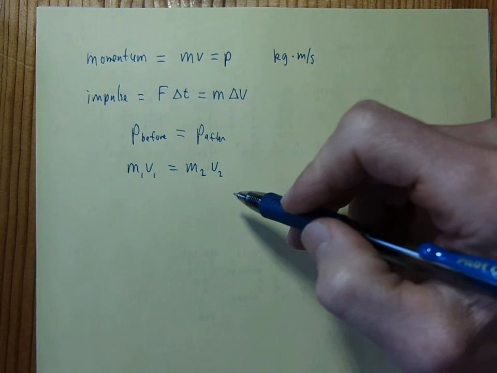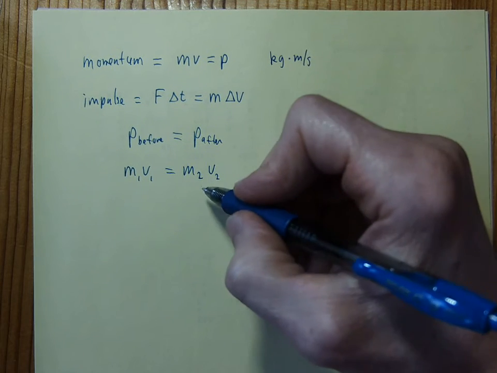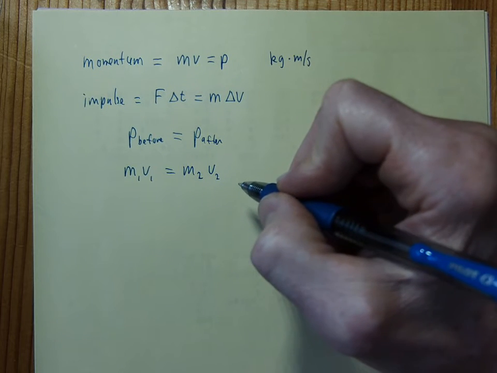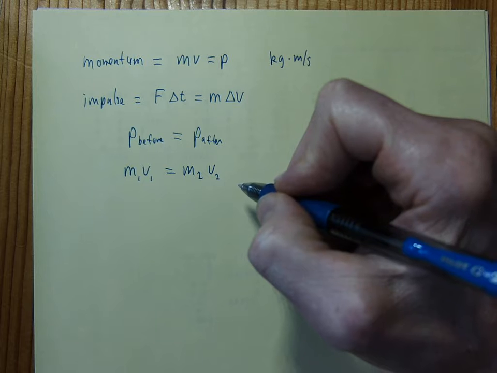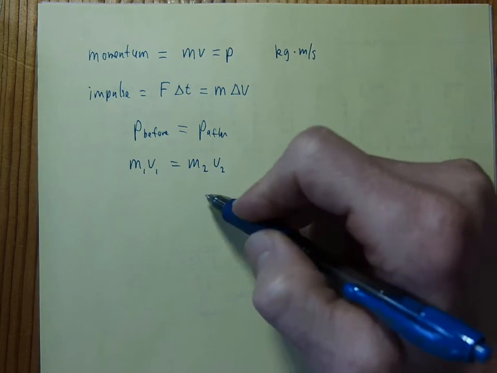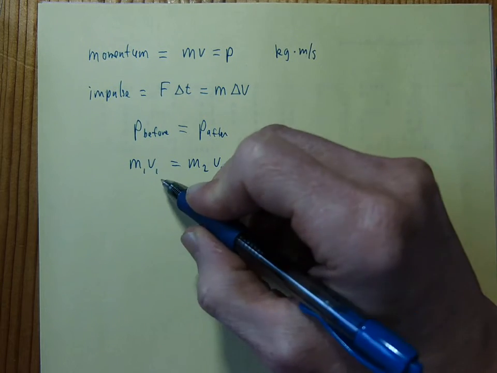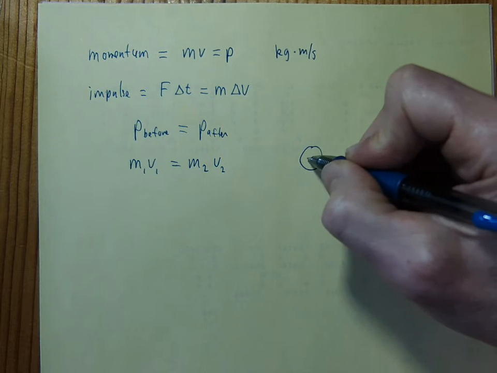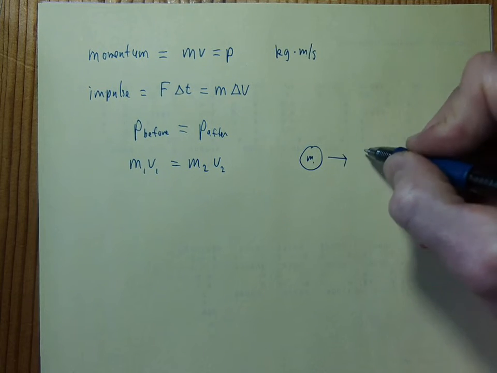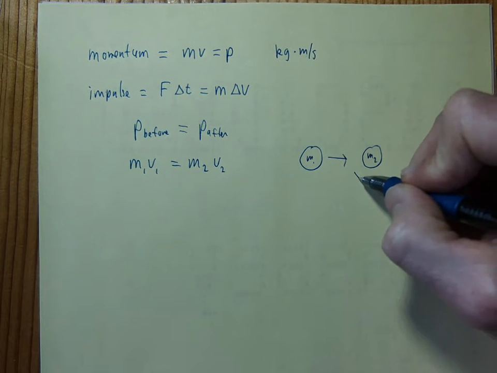Now, you can have more than two things. But a lot of times you have two things happening. So if we had a ball, here's our M1, and it's rolling along by itself, and it hits another ball, which is M2, and they both go off in different directions.